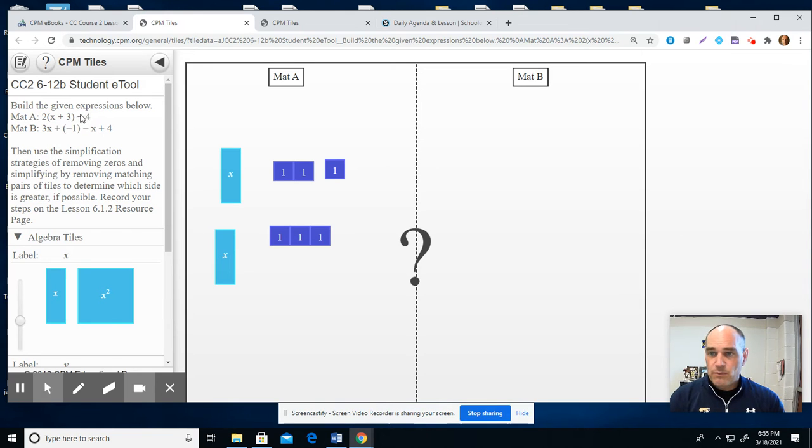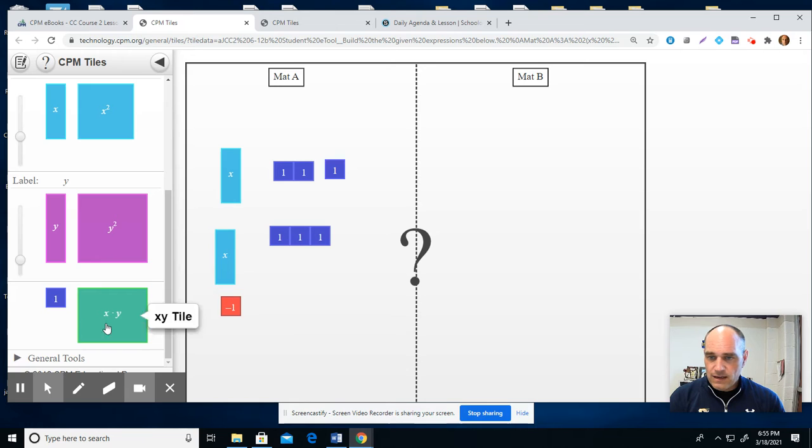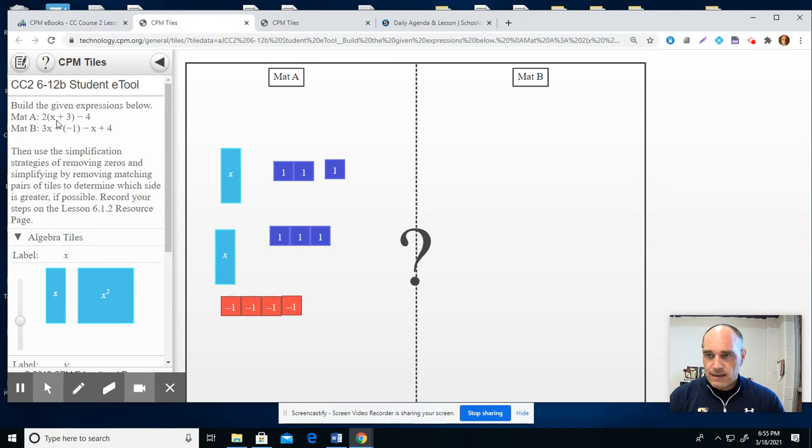That would be like a plus negative 4. So I'm going to add 4 of these, and I'm going to make them negative. So that goes on there. All right, so I think I got this. Two groups of x plus 3, here's x plus 3, and there's my two groups of them. And then here is my minus 4.